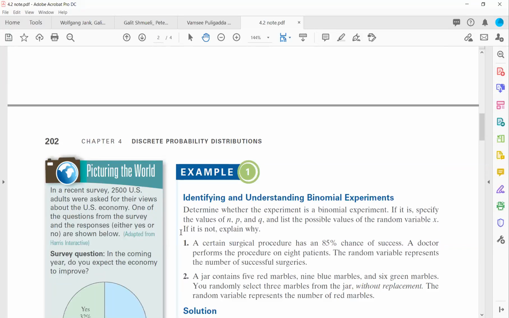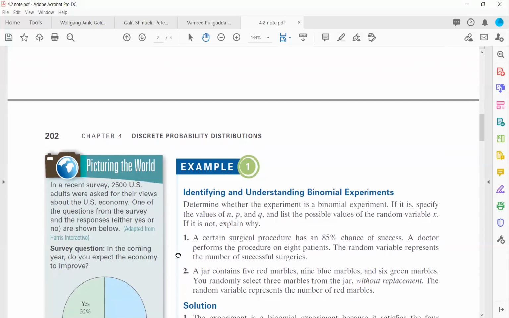If not, explain why. So the first one says a certain surgical procedure has an 85% chance of success. A doctor performs the procedure on 8 patients. The random variable represents the number of successful surgeries.